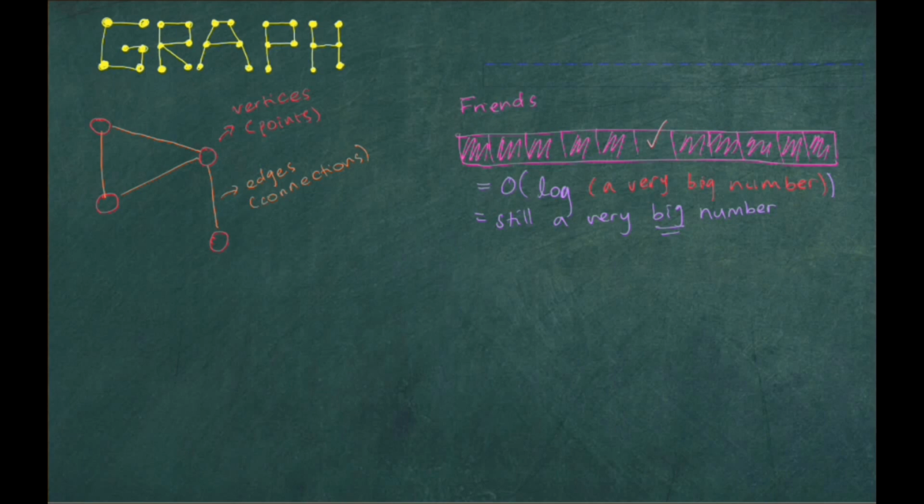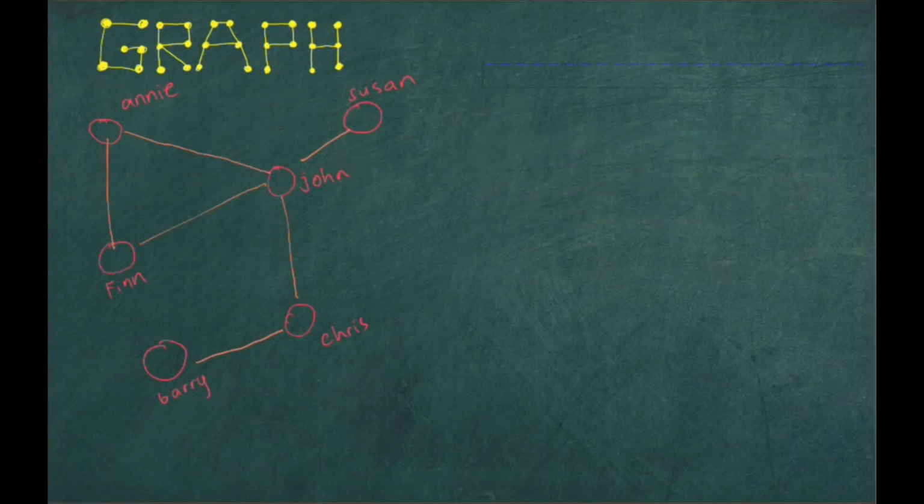However, if we express the whole friend relationship as a graph, then really all you have to do is follow that line to find out if these two people are actually friends. So yeah, basically that's what a graph looks like.